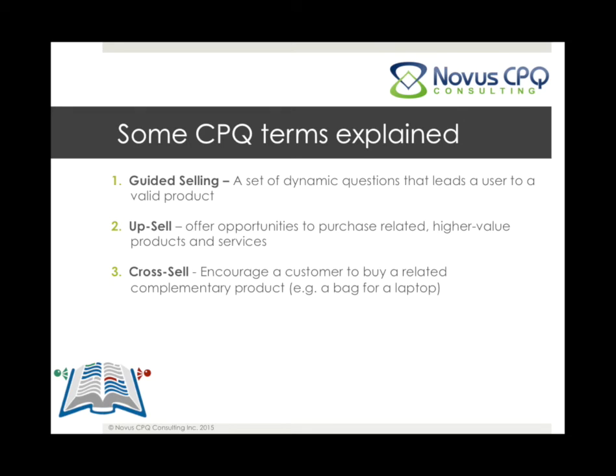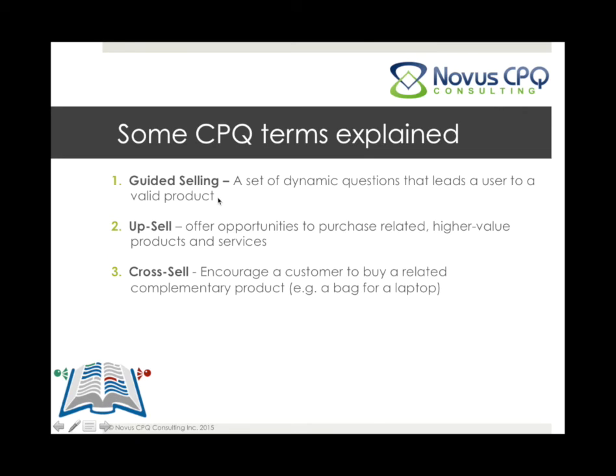Now I'm using a couple of terms over here that I mentioned on a previous slide. Guided selling is a set of questions to get you to a product. The screenshot I showed you earlier was really a specialist user interface, because in that case you already need to know the product, the attributes of the product, and what attribute values mean to you. In this example, I could say, I don't know what it is.